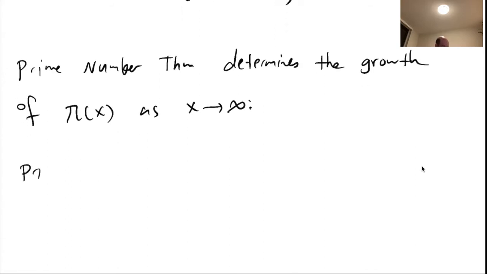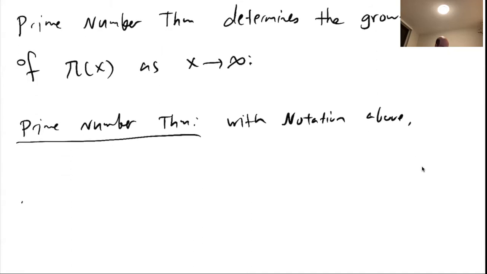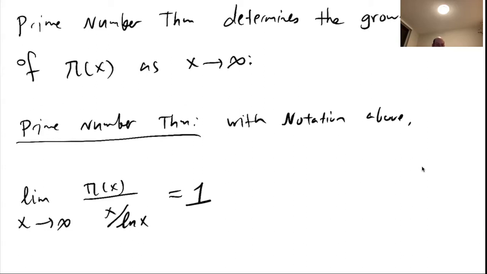So the prime number theorem says that with the notation above, we can say that the limit of pi of x divided by x over ln x, as x goes to infinity, is equal to 1.